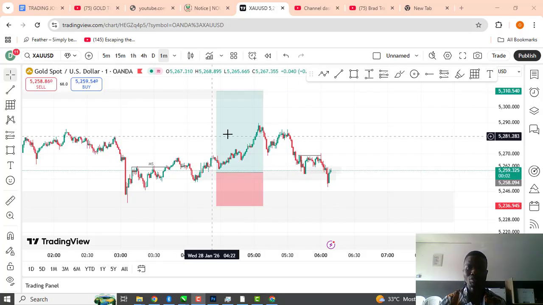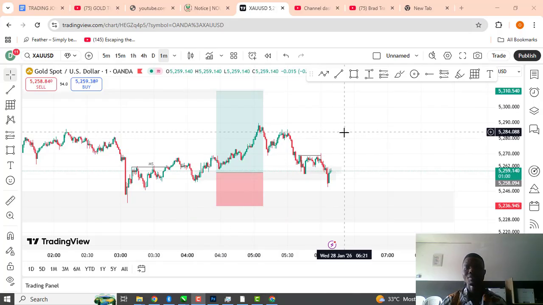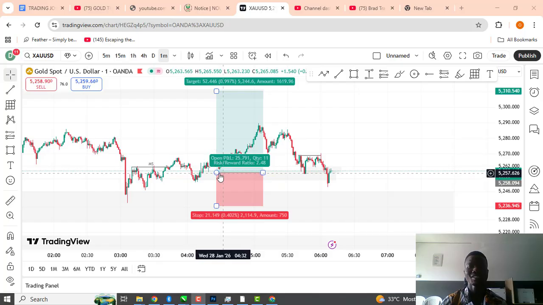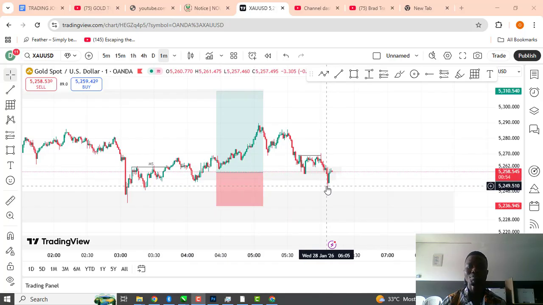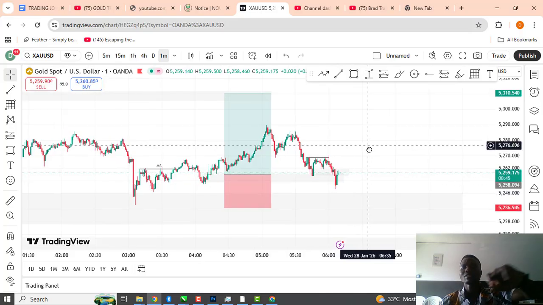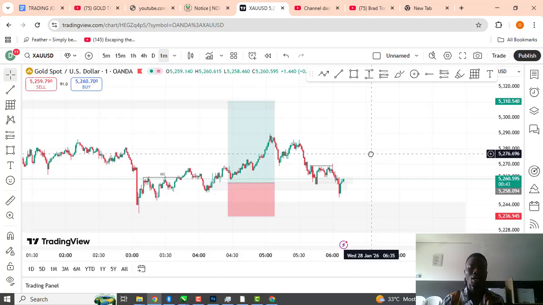Guys, you can see that this is my entry point, and price has gone back all the way down below my entry point. So currently I am running at a loss. This is what separates a disciplined trader from someone gambling.